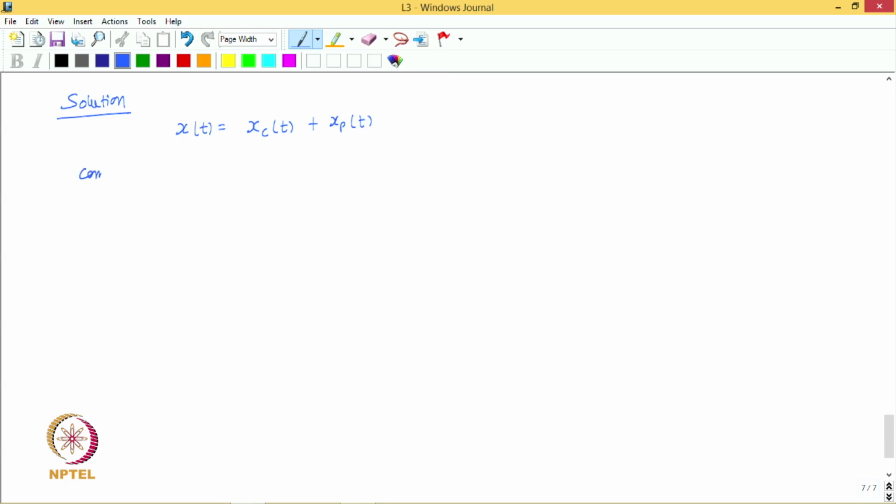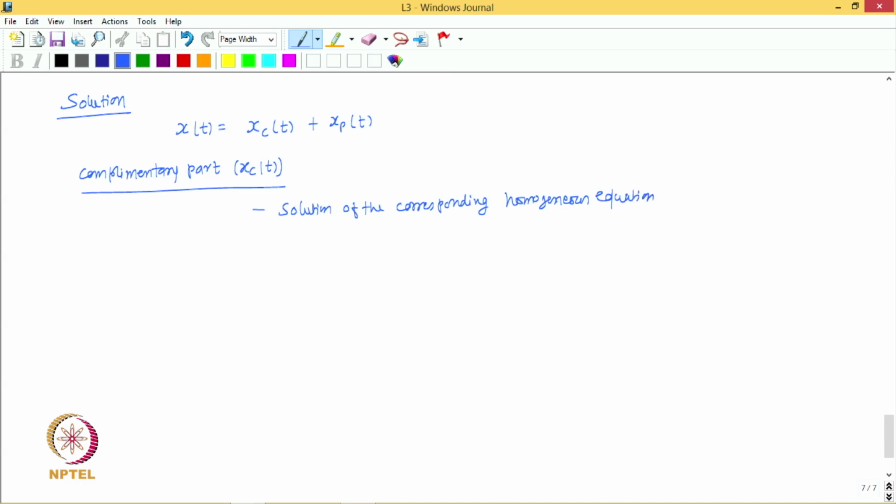If we determine first the complementary part, x_c(t), then this complementary part is nothing but the solution of the corresponding homogeneous equation.